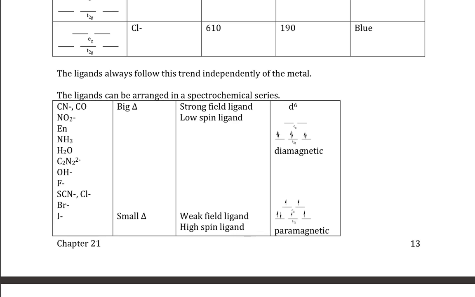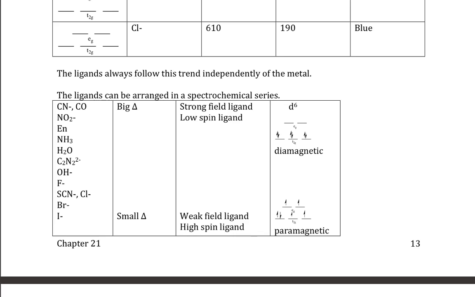Then we have OH minus. Now we're getting to pretty small deltas with those halide ions. When we have a big delta, when we have a ligand up at the top of this spectrochemical series, we call that a strong field ligand, makes for a big gap. When we have a small delta, we call that a weak field ligand.